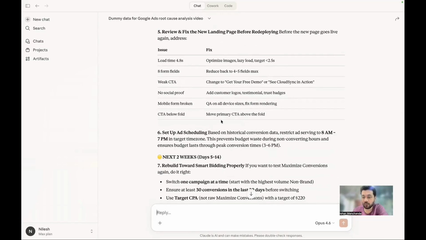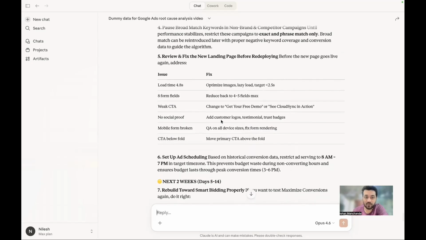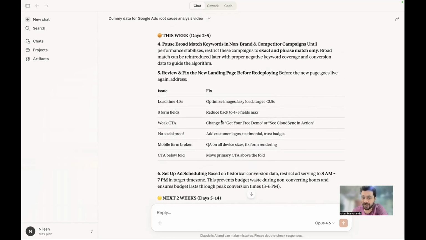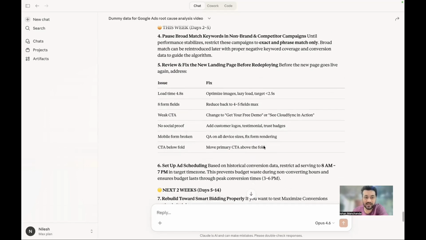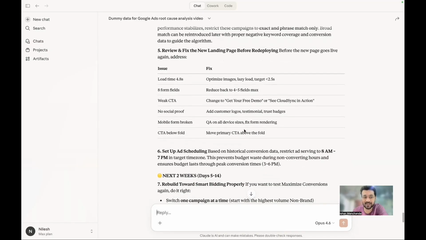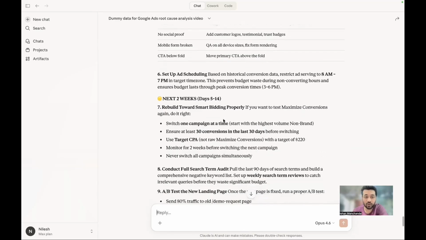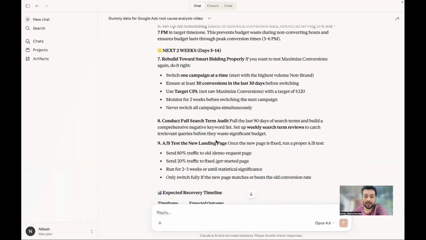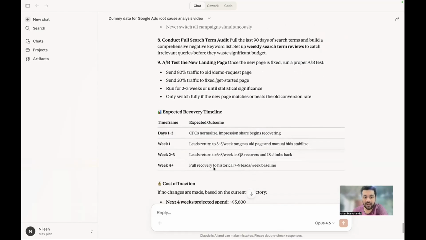Then in the next 2 to 5 days, you set up some scheduling so that the budget does not get exhausted and your ads are showing throughout the day, especially in the peak conversion time, which is 3 to 6 p.m. Improve the landing page: the speed, the CTA, the social proof, which was removed. The form friction has to come back. It can't be a good decision to keep. And then, some more steps with the entire timeline.